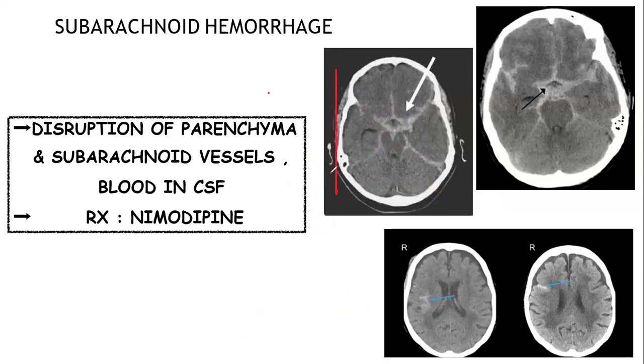Initially, first tell me about the initial investigation. Initial investigation is CT brain, non-contrast CT head. And definitive investigation is CT angio of the brain. Why? For this angio, we have to look for aneurysm or AV malformation. Then what will we do? We take the help of another department.